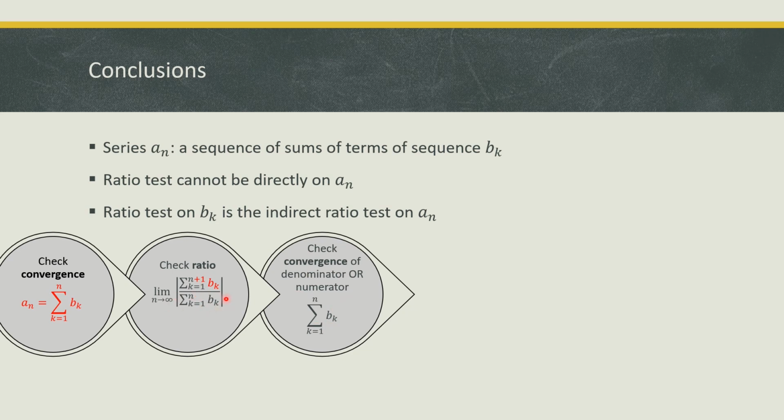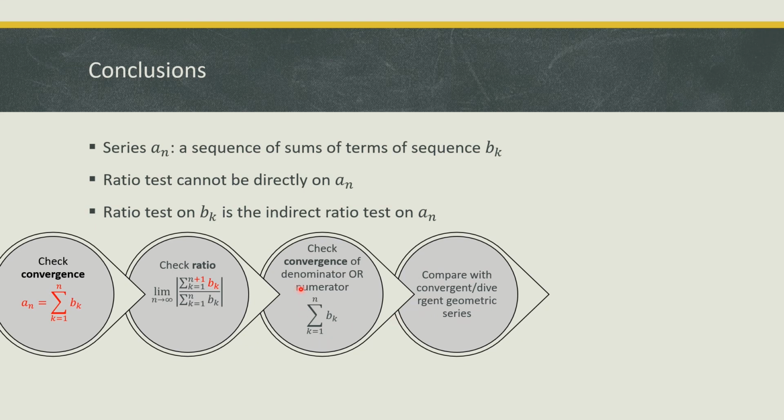And normally we would choose to check the denominator just because it's simpler. Then we can compare this with the geometric series. So if this term here is less than the geometric series that is convergent, then this is also convergent. If this term here is greater than the divergent geometric series, then this term is also divergent.